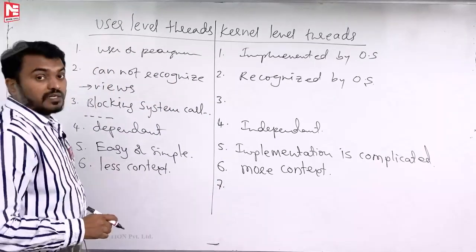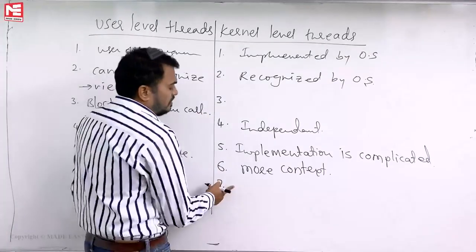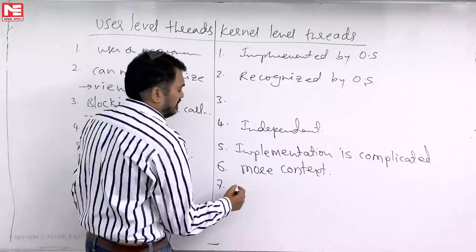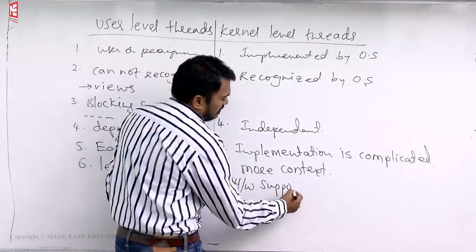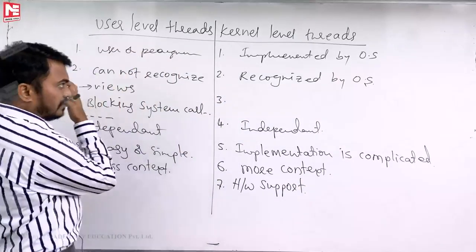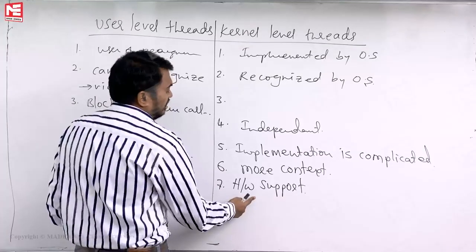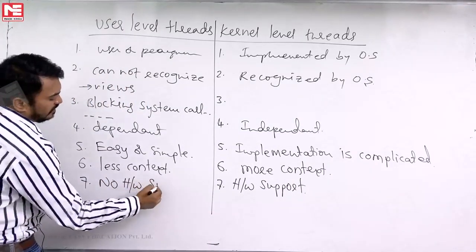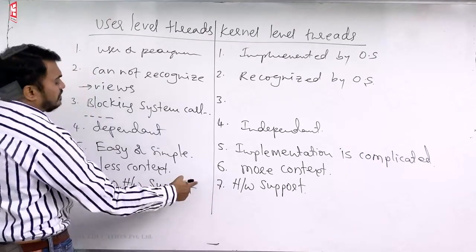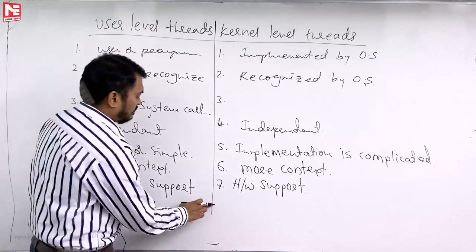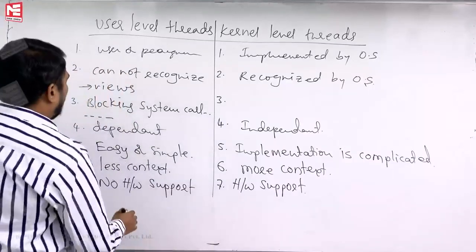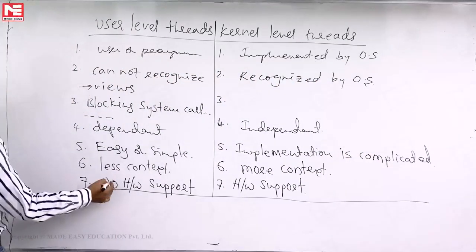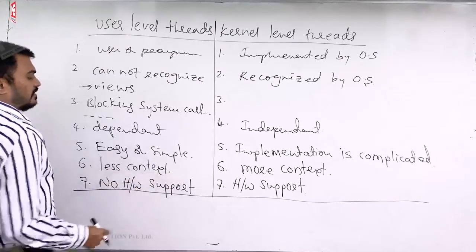Write the 7th point in kernel: scheduling of kernel level threads requires hardware support. Write here, in user: no hardware support required for the user level threads. No hardware support required for the user level threads.